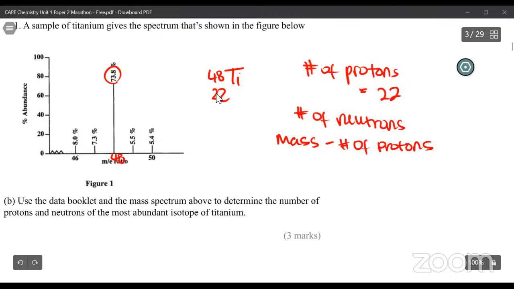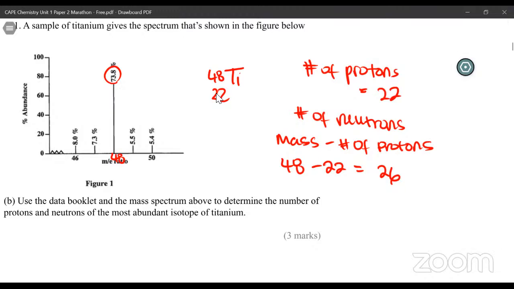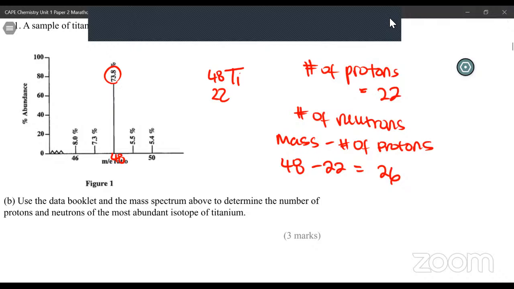So it would be 48 minus 22, and that would give you 26. Let me put that in the calculator to be sure. Yes, it's 26. And just like that, you'd have gotten your 3 marks. Easy, easy.